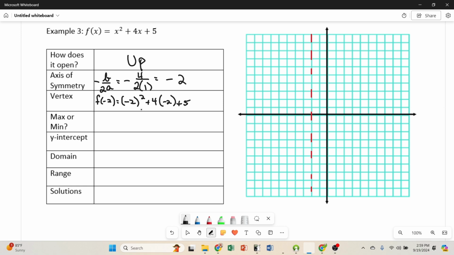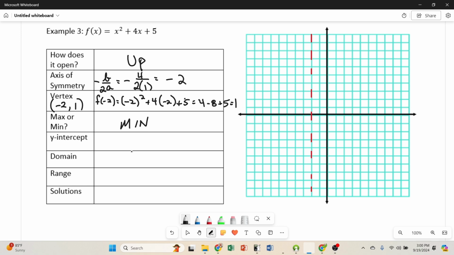Well, negative 2 squared is 4 minus 8 plus 5. So we have figured out here that 4 minus 8 is negative 4 plus 5 is 1. So this is equal to 1. So my vertex is at negative 2, 1. And this is going to be a minimum.